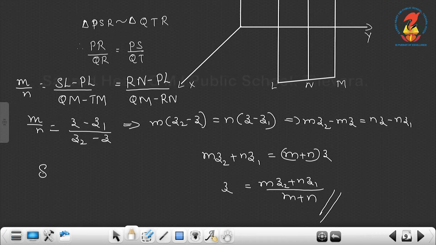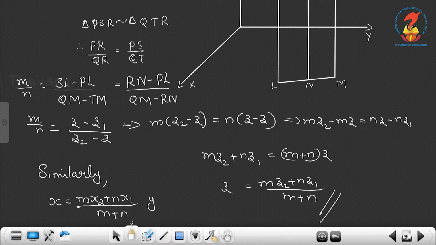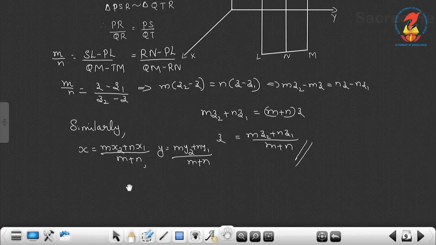Similarly, when we take the other sides, you will get the x coordinate as (mx2 plus nx1) by (m plus n), and the y coordinate as (my2 plus ny1) by (m plus n). So what is the section formula?